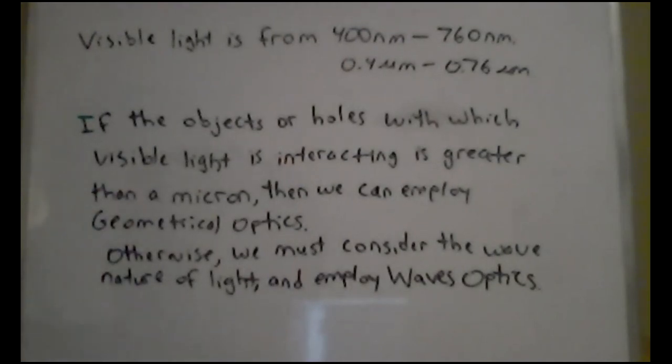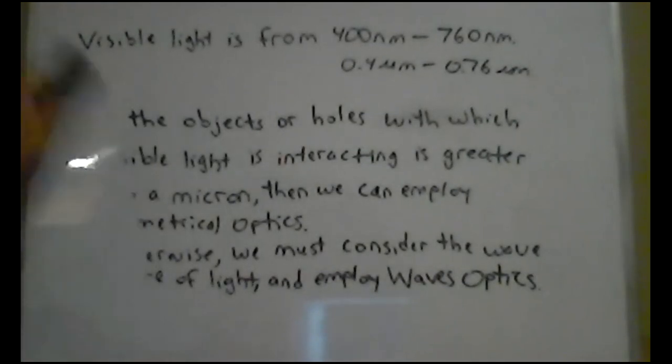Light truly acts like a ray when the wavelength of light is much smaller than what it interacts with; you can certainly safely use geometrical optics. And we do so in many aspects of physics.